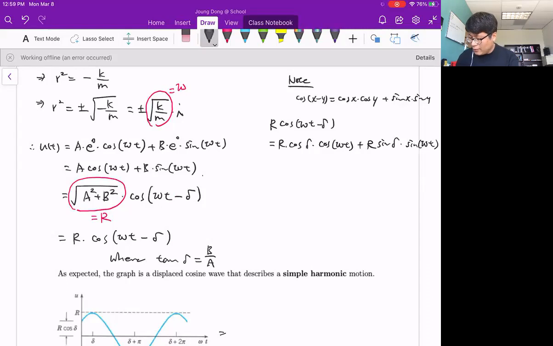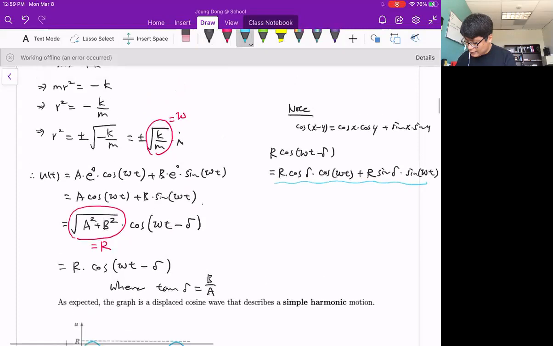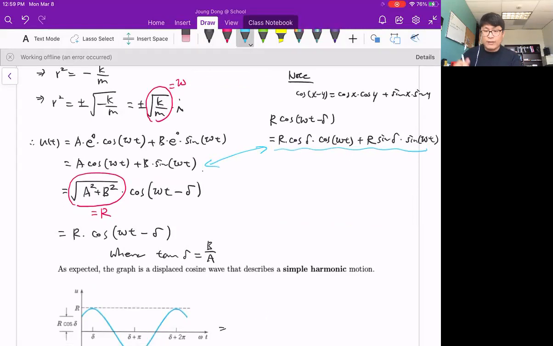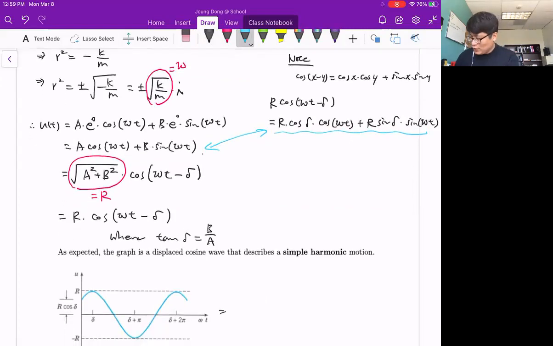Just try to compare this one and this one. Then can you find it? The coefficient of cosine omega t is r cosine delta, but in the solution it was a, right? So we can say your a is r cosine delta and your b is r sine delta.